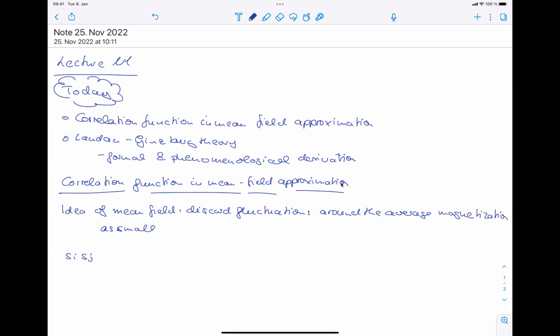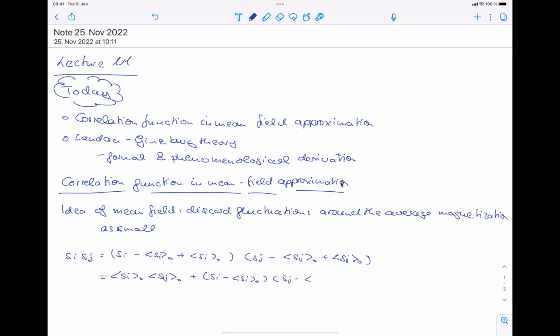So that means if I look at the product of two spins located at position i and j, I can write this, and here I'm just expanding by the average of S_i plus S_i minus the average of S_i, and I do the same for S_j.